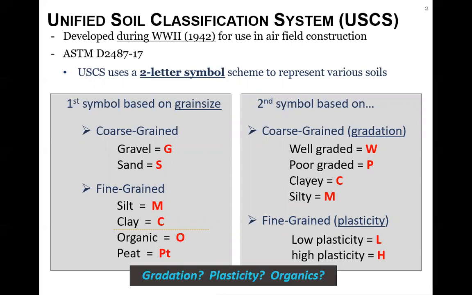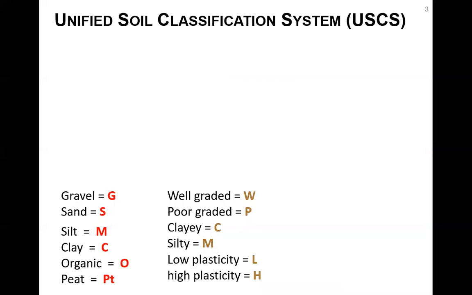So it's either L for low plasticity or H for high plasticity. The demarcation zone is based strictly on the liquid limit, which is an Atterberg limit test, which we'll go over in a few weeks. So it's based strictly on the gradation, plasticity, and organics.